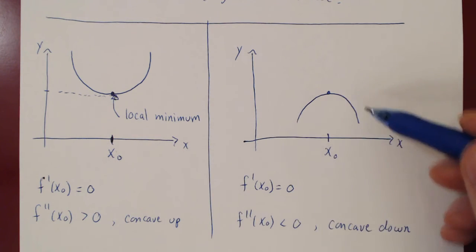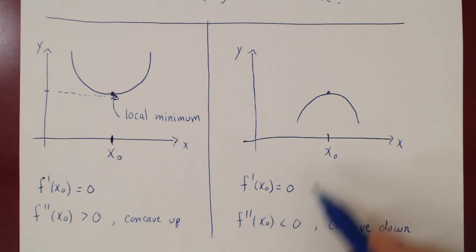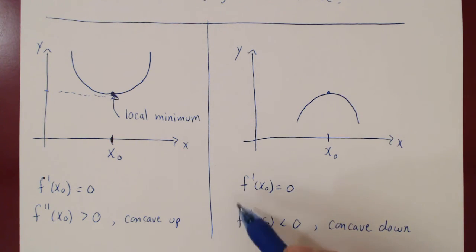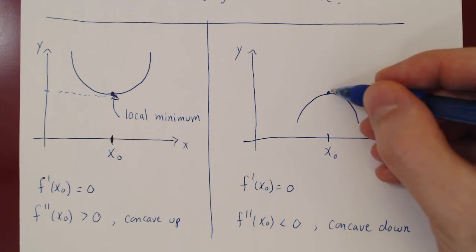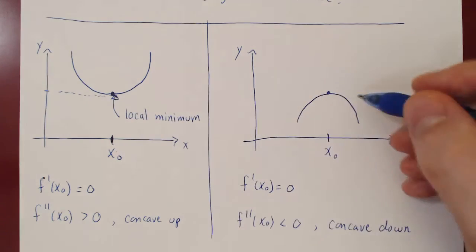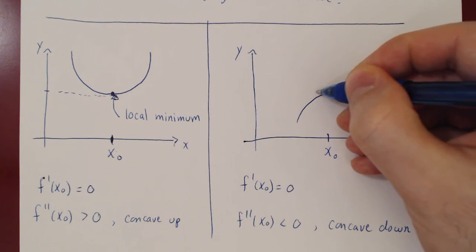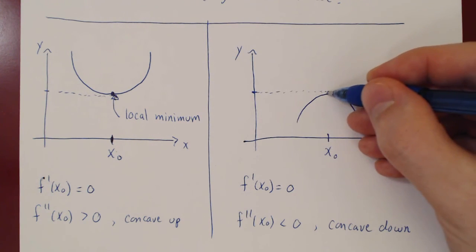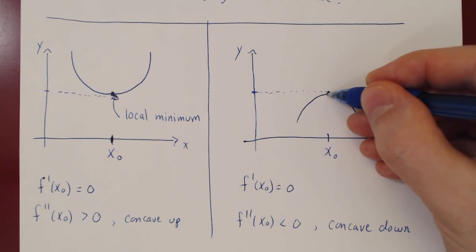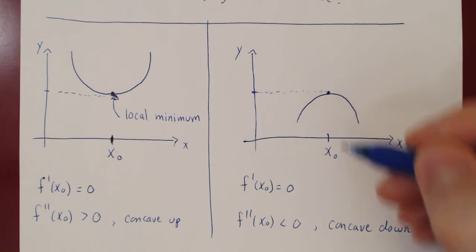Now look at the second case. If the derivative at x0 is equal to 0, the curve is flat there. The second derivative is negative, therefore the curve is concave down. Then if you look around the point x0, you see the opposite. The curve reaches its maximum value at x0. You see, around x0, the largest y value is exactly the one at x0. Any other y value is a little smaller.